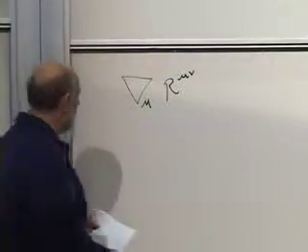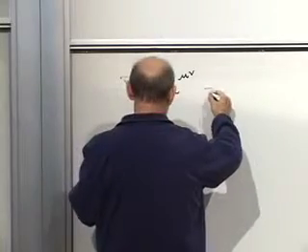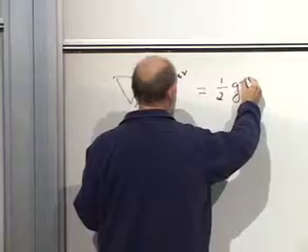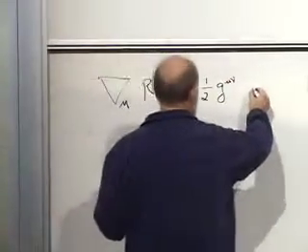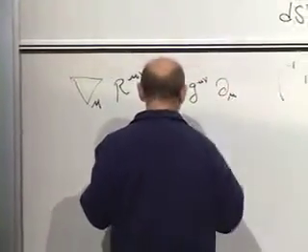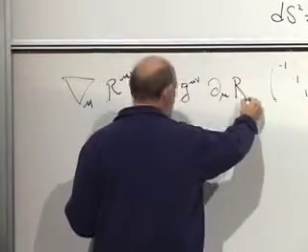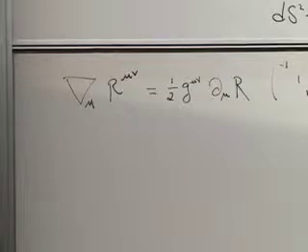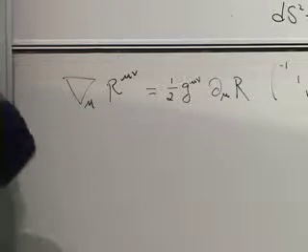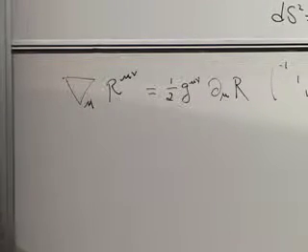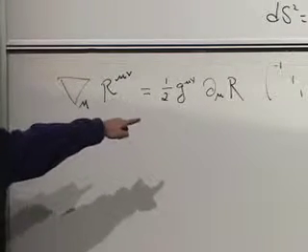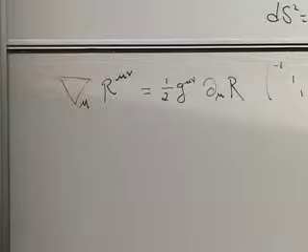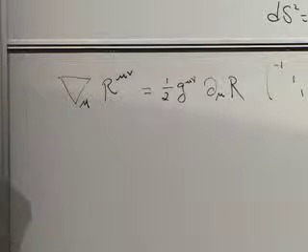It happens to be equal to 1/2 g mu nu times the derivative with respect to mu of the scalar curvature. Everybody remember what the scalar curvature is? There was the Riemann curvature, the Ricci curvature, which you got by contracting two indices, or left over two indices, and the curvature scalar you got by contracting the remaining indices of the Ricci tensor.